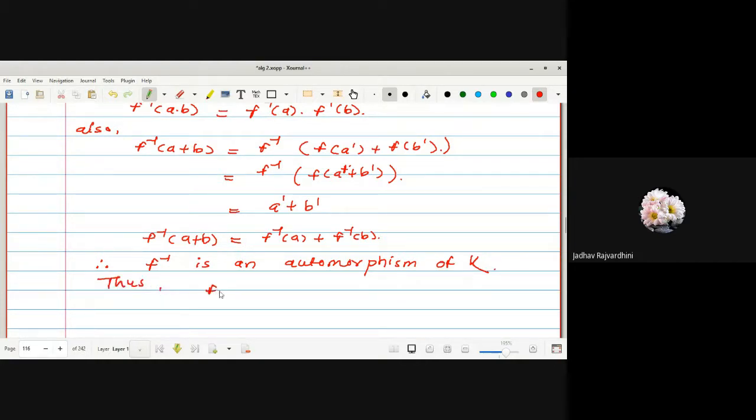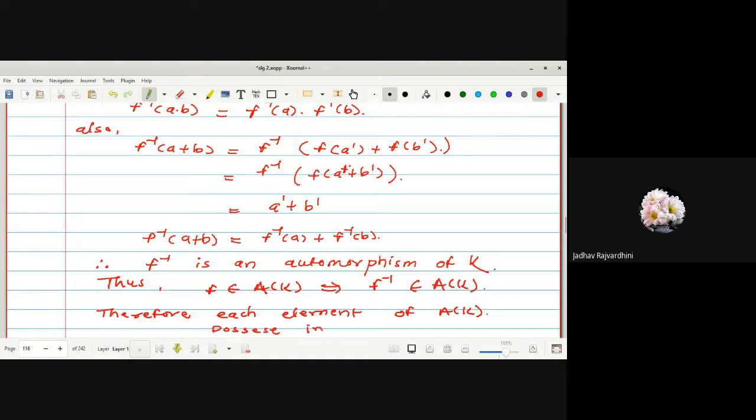Thus, if F belongs to the set of all automorphisms of K, this implies F inverse also belongs to the automorphisms of K. So therefore, each element of A of K possesses an inverse.